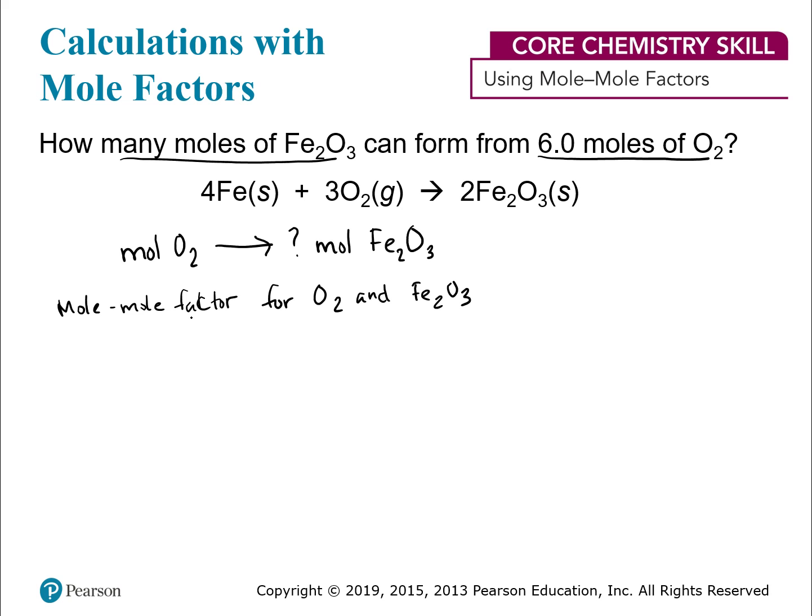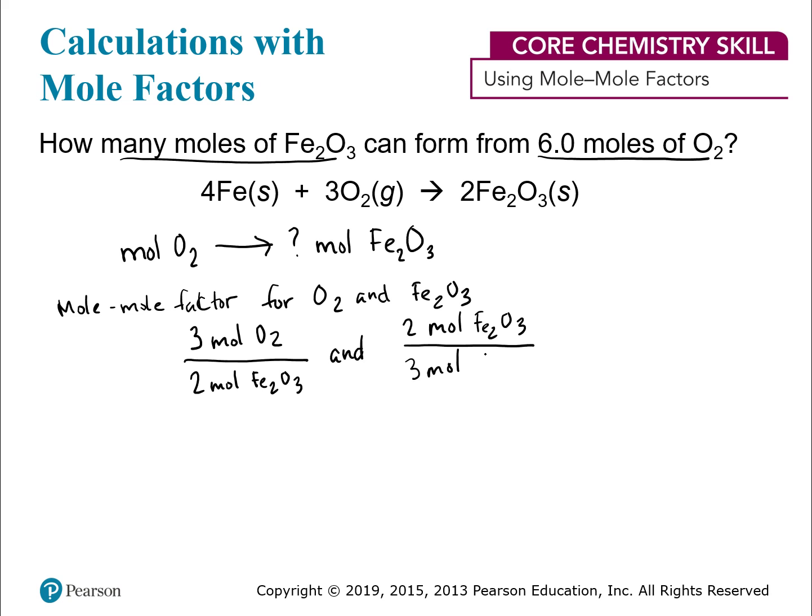We've got a 3 in front of the oxygen gas, and there's a 2 in front of the iron compound. Then you just write the reciprocal. Those are our two choices.